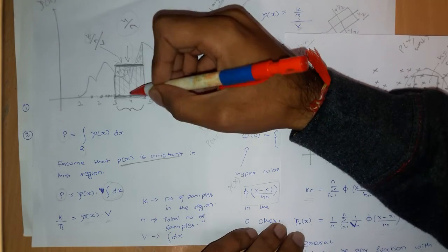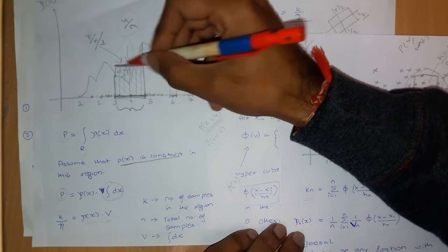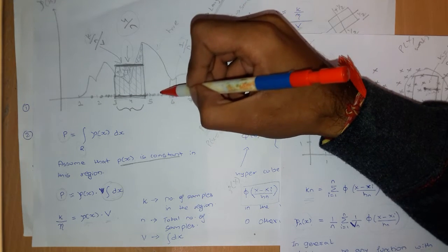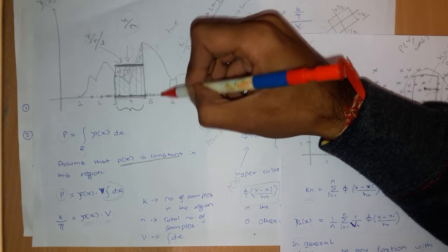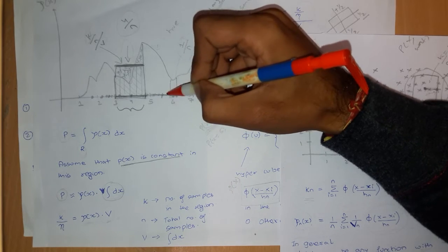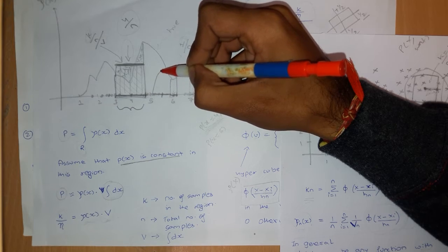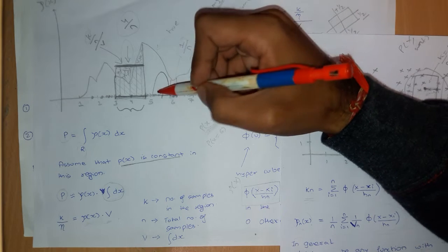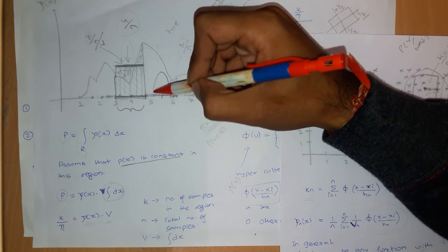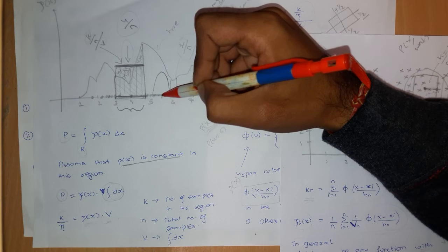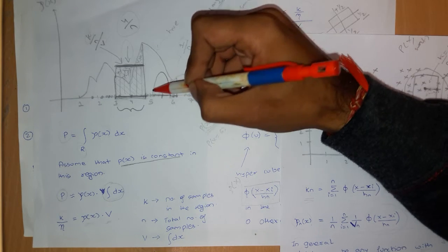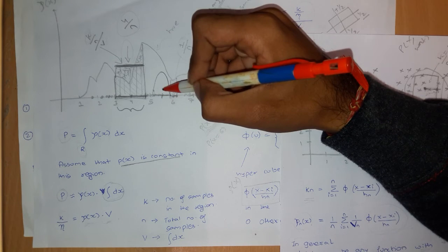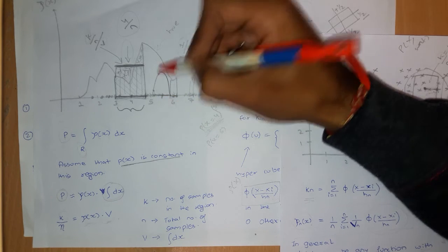But it is not necessary that I should give uniform probability to all of the samples. What if I have a particular region, say my point of interest is this, and my region is somewhat like this. This makes greater intuitive sense: for those samples which are away from the point of interest, I am giving a lesser weight, and for those points that are closer to the point of interest, I am giving a greater weight.